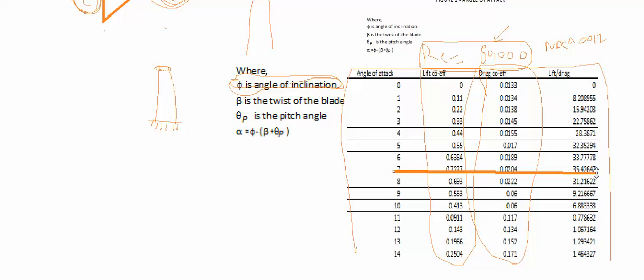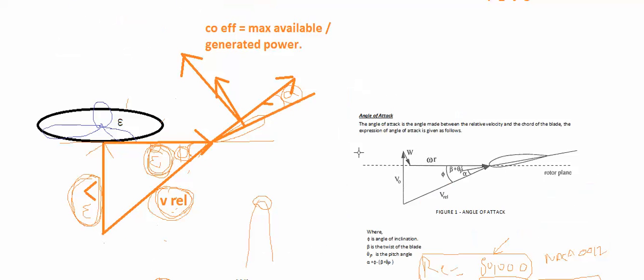We want alpha to be 7 degrees no matter what, because whenever alpha is 7 degrees, it will give the best possible lift. So now we can feel how important this angle alpha is, and we want this alpha to be the best.